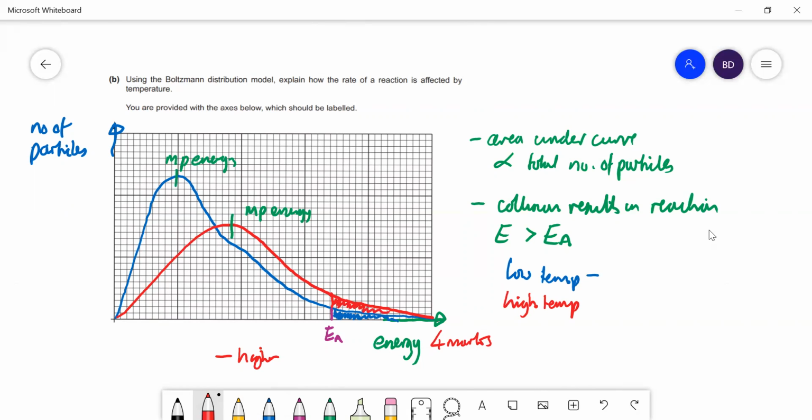At high temperature it's the red plus the blue areas, whereas at low temperature, just the blue area is shaded in. Okay, so you need to say a greater proportion of particles have energy greater than EA at high temperature, and so more collisions will result in reaction.